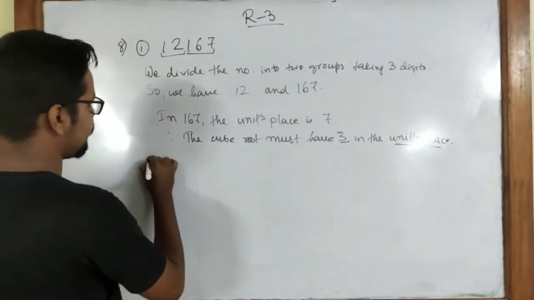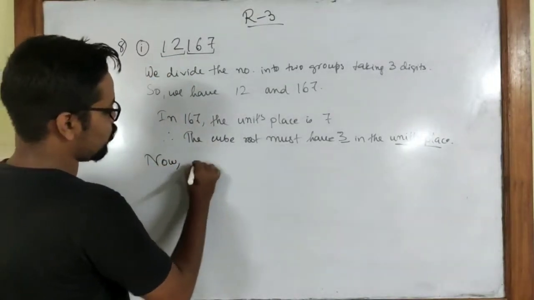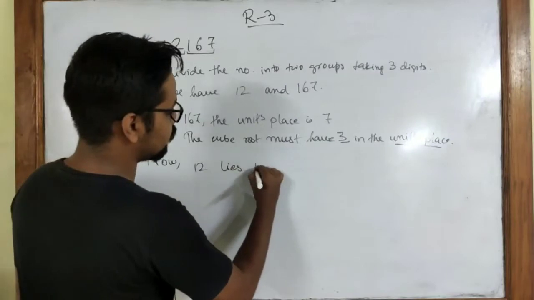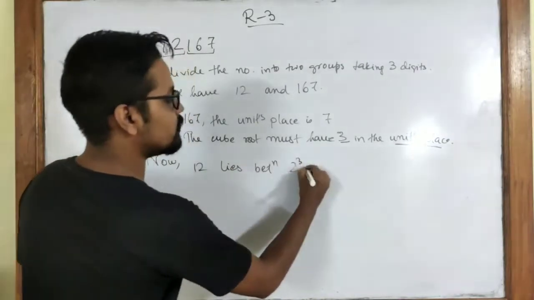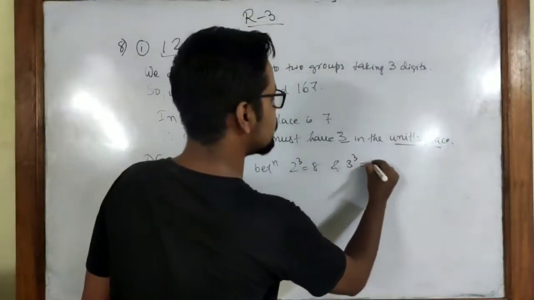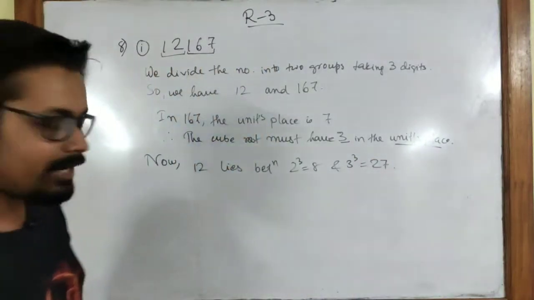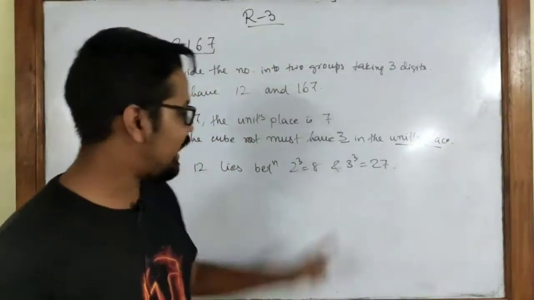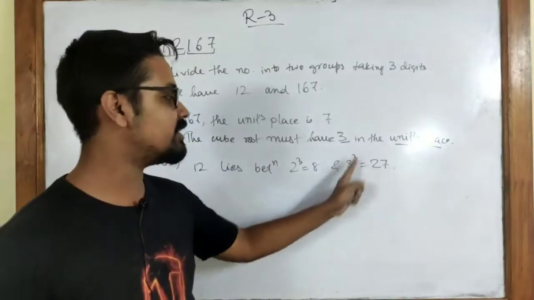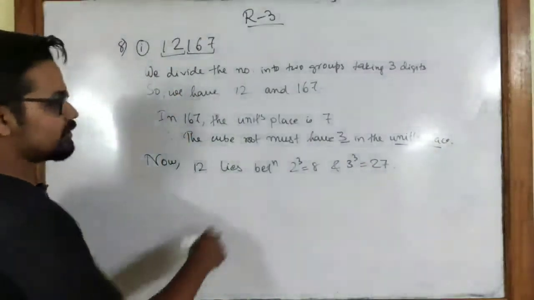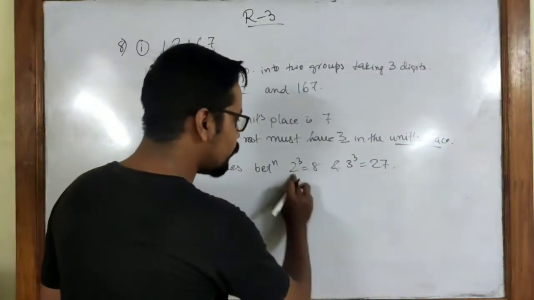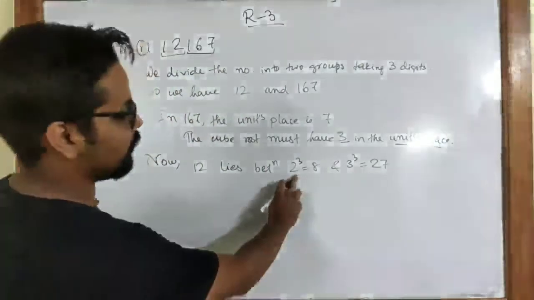We have 12. Now 12 lies between 2 cube, which is 8, and 3 cube, which is 27. Right? 12 lies between 8 and 27. 8 is 2 cube and 27 is 3 cube. As it is lying between 2 and 3, we will select the lower one, that is 2.